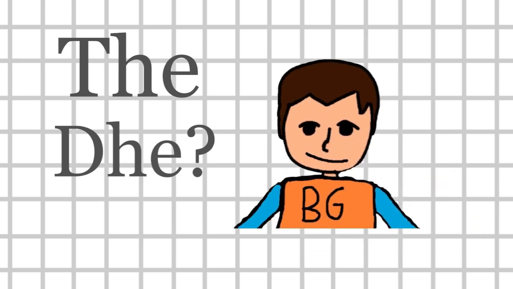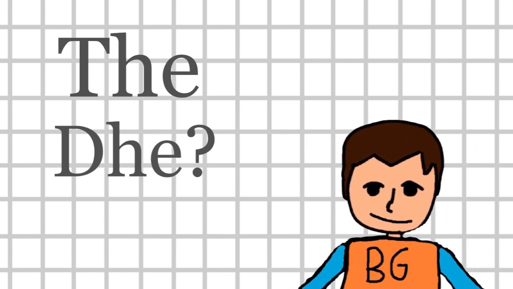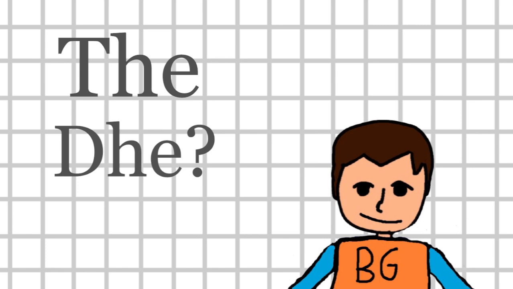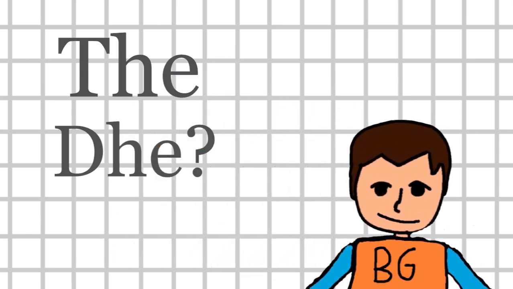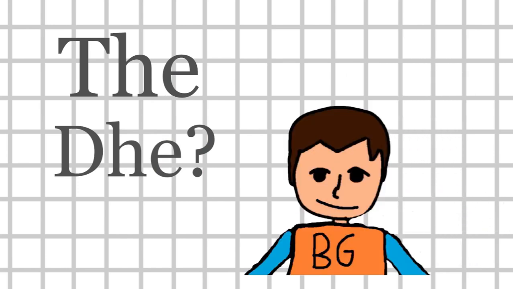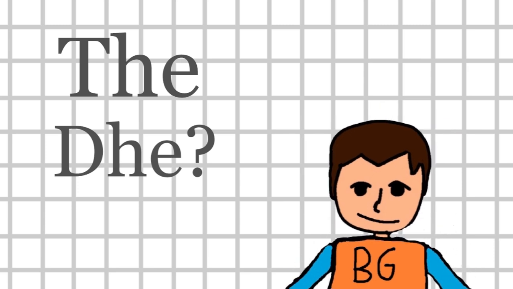So the problem I have with "th" is that T is not voiced, which means that as soon as you add the H to it, it should not become the voiced sound, it should become the voiceless one, because T is already not voiced. So where does that voice come from?